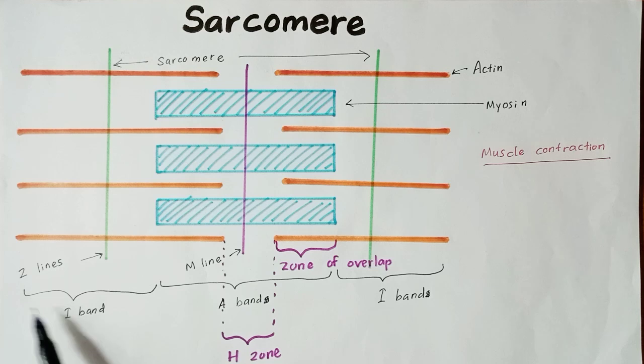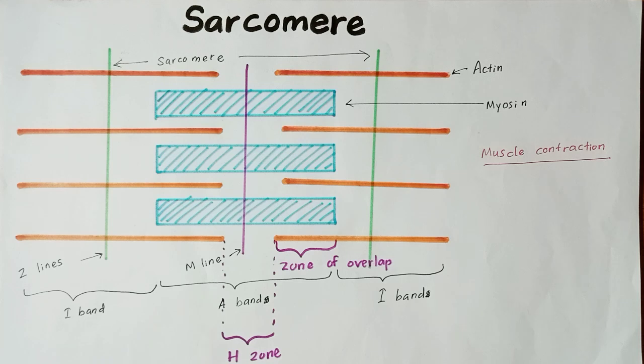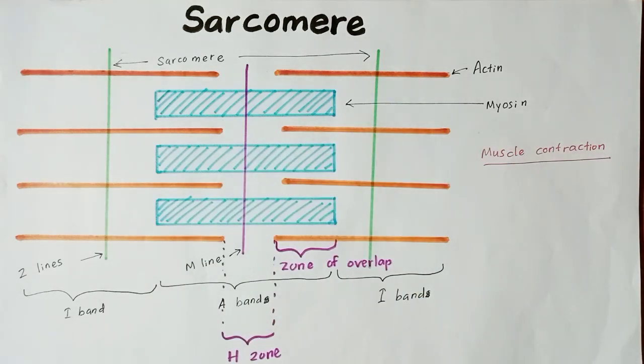And these I bands also decrease because these actin filaments go centrally and the H zone disappears. But the length of the myofilaments remains the same. That means when the sarcomere is contracting, the length of the filaments doesn't increase or decrease. Their length remains the same.